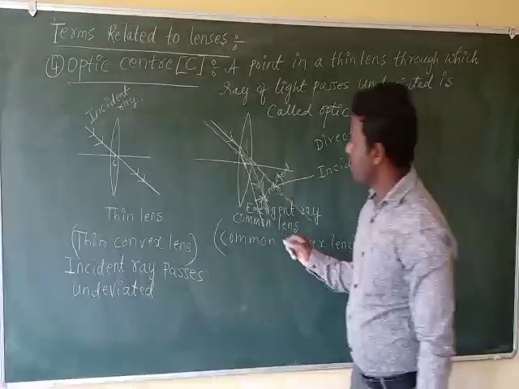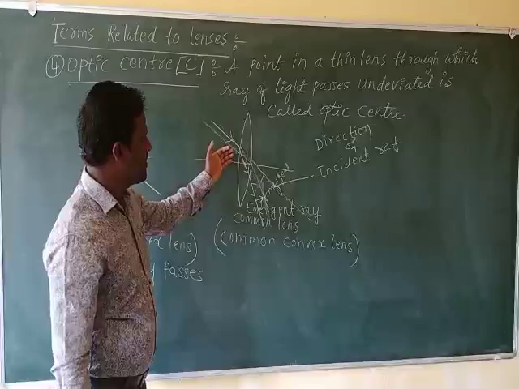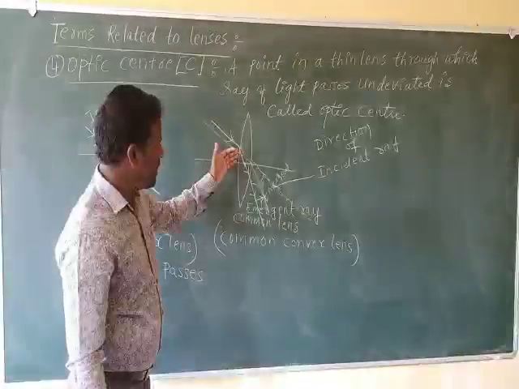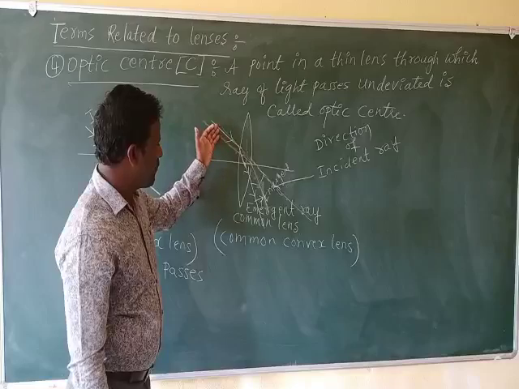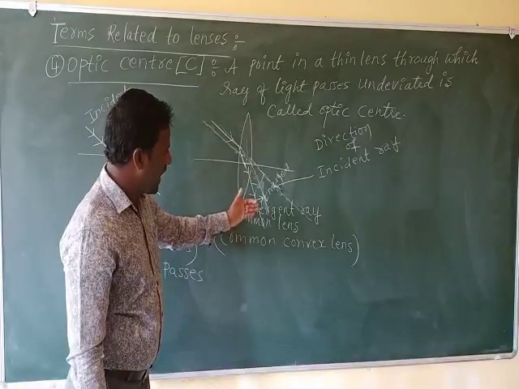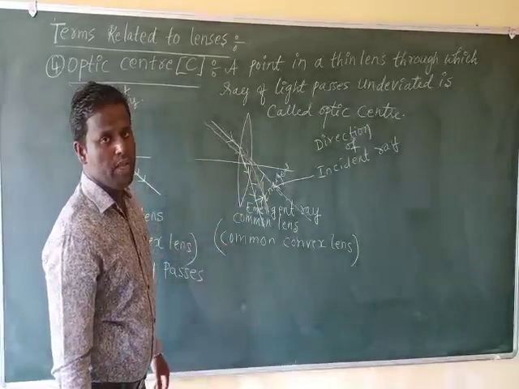So how should you define it? See, what is the optic center? It is a particular point inside the lens where, when a ray of light passes through it, the emergent ray and the direction of the incident ray are parallel to one another.